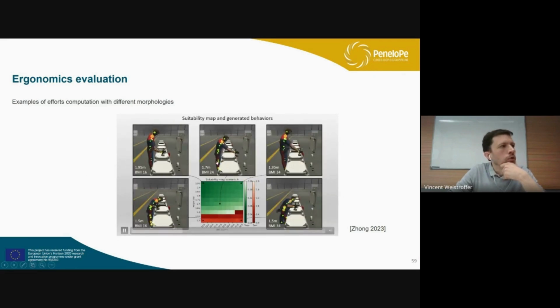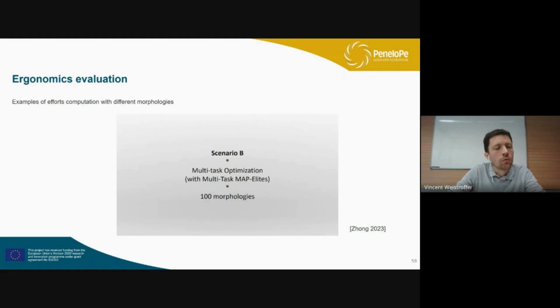The same principle applies: the higher the sphere, the higher the torque. Based on the task that has to be performed, the torques are not the same. Also, depending on the human morphology, the torques are not the same either.